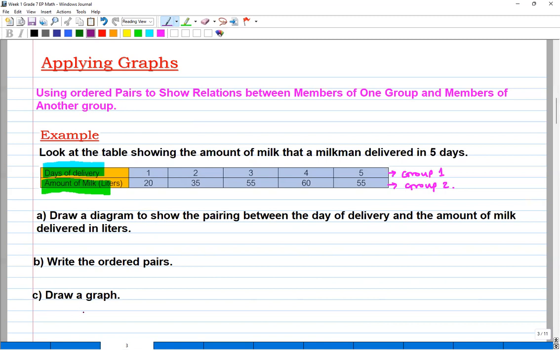Those are 3 questions that we are going to answer. And by the end of this example, you will be able to understand how we write the ordered pairs, how we read them, how we graph them, and what the relationship is between group 1 and group 2.